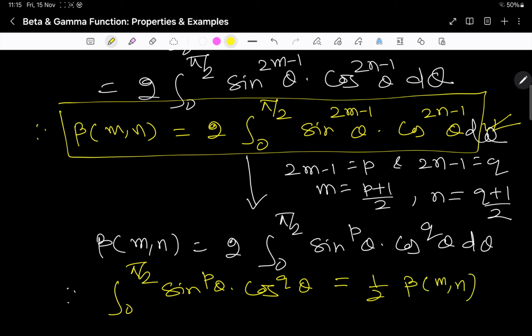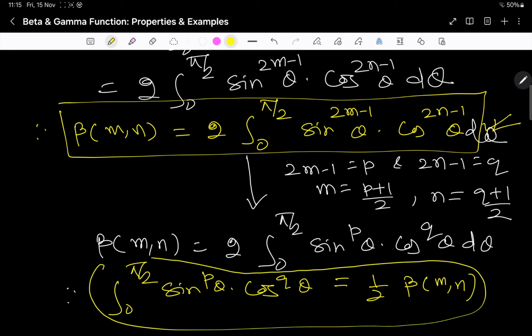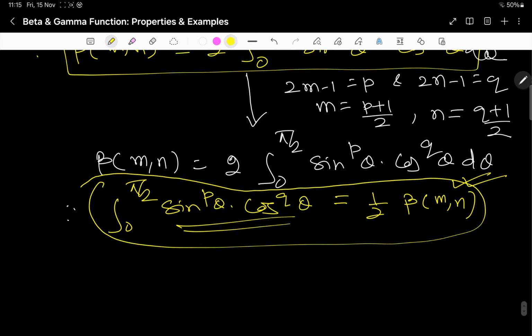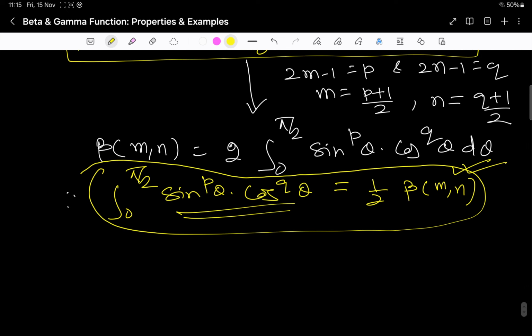Okay, so you see this is a standard formula. In many integrations you might have seen this type of integral, which is a lengthy approach by previous means, now using the beta function, and finally this beta function will be converted to a gamma function in an interrelation formula, and the formula between beta mn and gamma mn is like this.